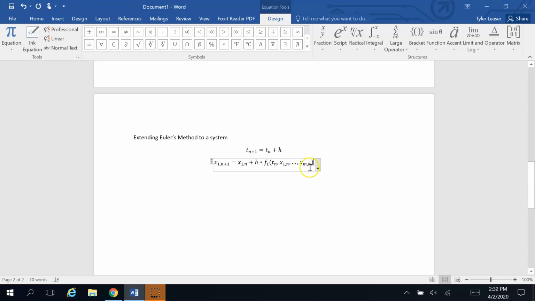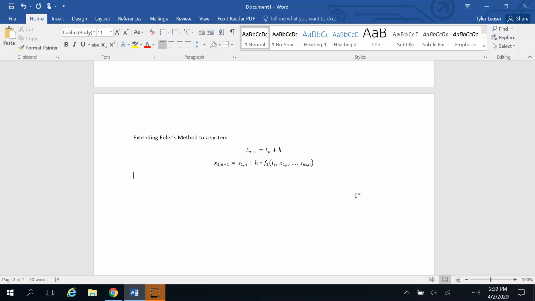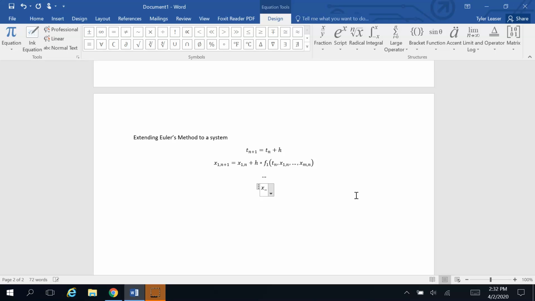So remember this x sub m n, it's the mth function, but at the nth term, or the nth step. All right, and then this would just keep going and keep going, so there would be m of these all together. We'll just write out the last one here. So the last one would be the mth function at the n plus 1 step.